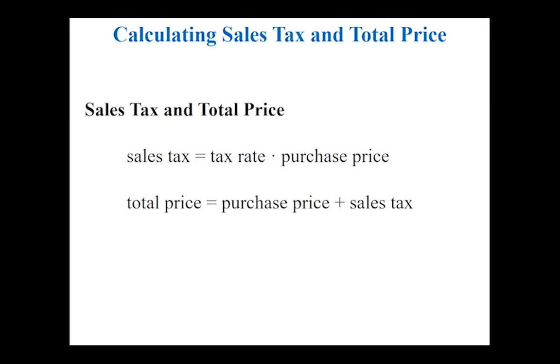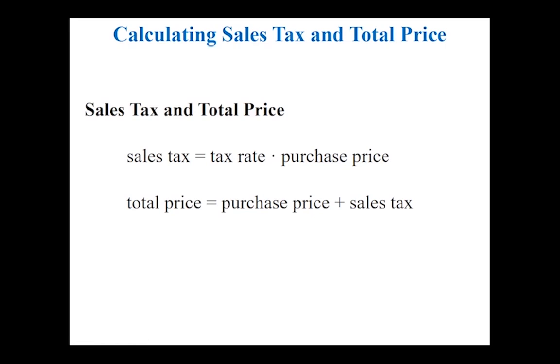If I go to a store and I purchase something, the tax I pay is the percentage tax rate times the purchase price. This is real life. So sales tax is the tax rate times the purchase price. And then once I know how much tax I pay, what do I do with it? I add it on to the purchase price to get the total price. Total price is the purchase price plus sales tax.